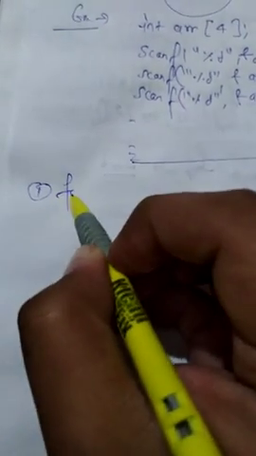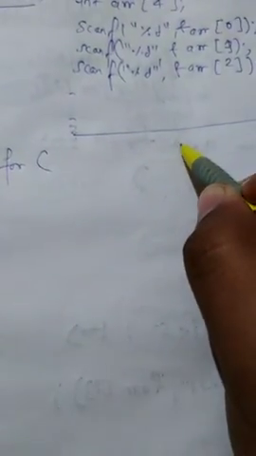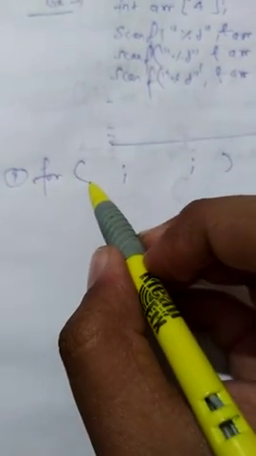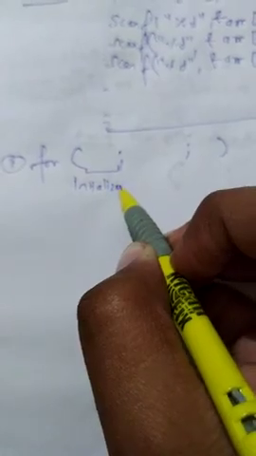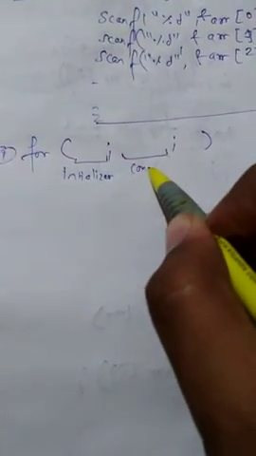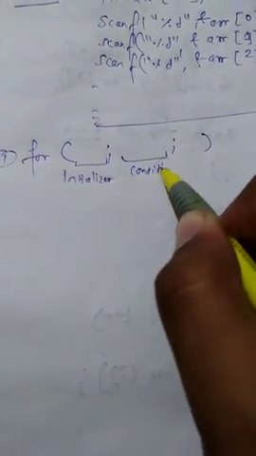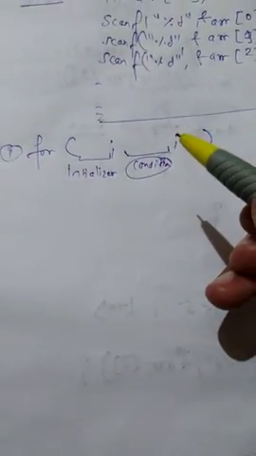But now we have the concept of loops, and the first loop we are going to study is for. The for loop is used to repeat some portion of the code. First of all, we have an initializer, and then a condition, through which the loop will start and be terminated.